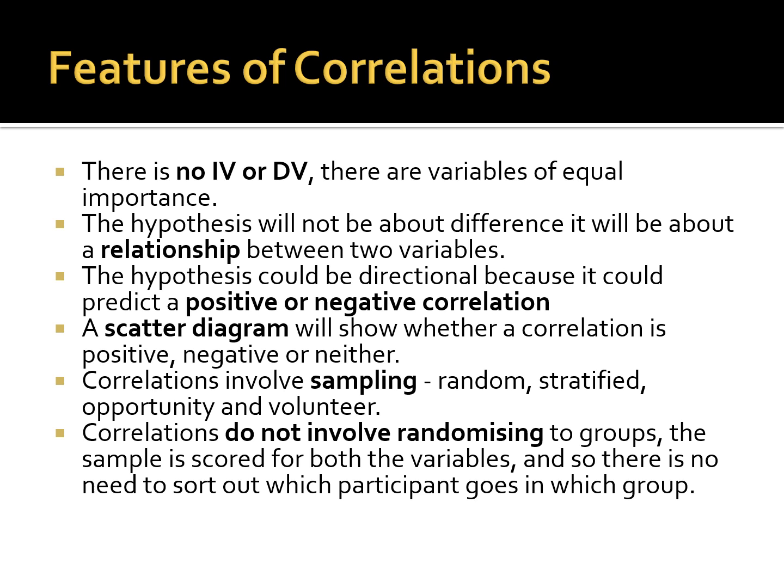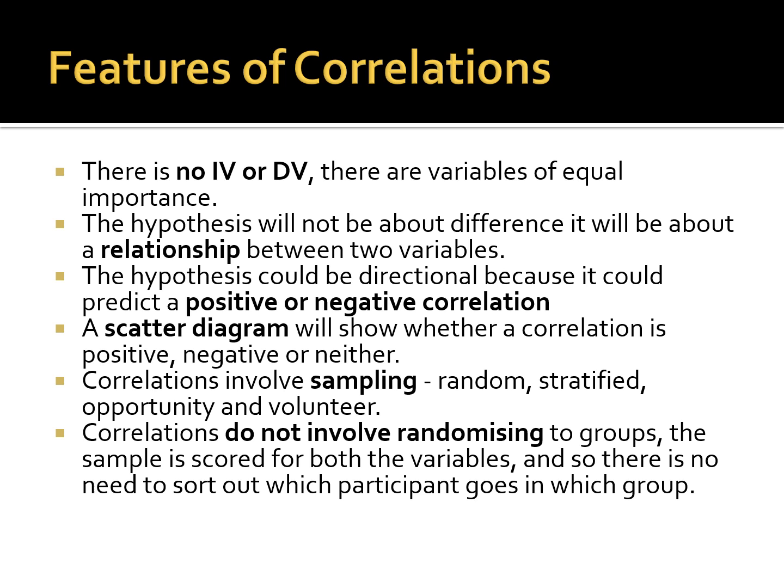Correlations, like all other research methods, involve the same sampling techniques, so you would still use your random, stratified, opportunity or volunteer sampling techniques within it. However, they do not have the same design as any of the other methods that you study in psychology. They don't involve randomizing people into groups because it's a within participant design.